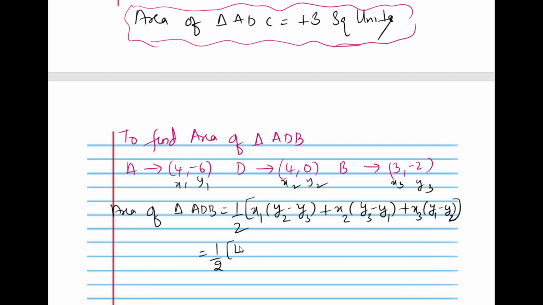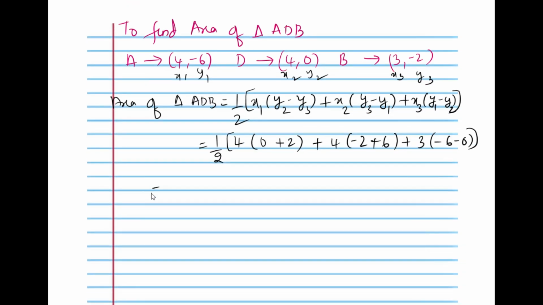What is x1? x1 is 4 into y2 is 0 minus y3 is minus of minus 2 is plus 2, plus x2 is 4, y3 is minus 2, y1 is minus 6, minus of minus 6 is plus 6, plus x3 is 3, y1 is minus 6, y2 is 0. We get half into 0 plus 2 is 2, 4 into 2 is 8. The same way 6 minus 2 is 4, 4 into 4 is 16.